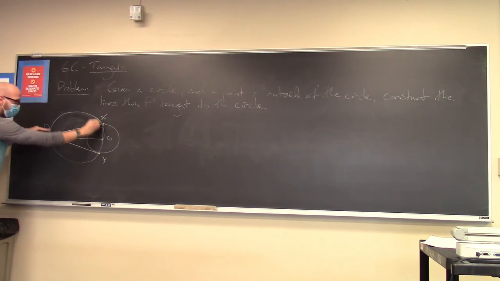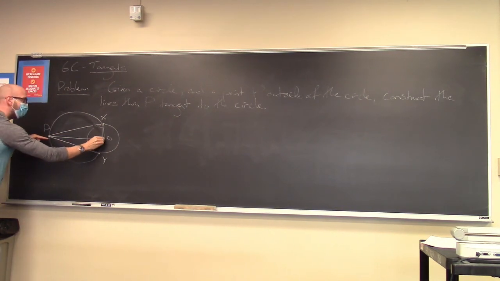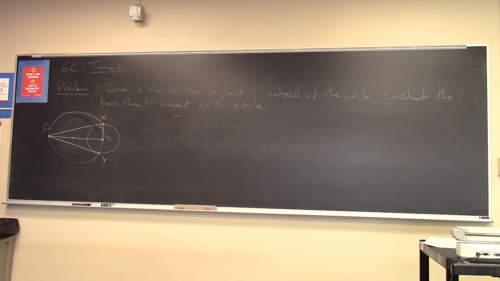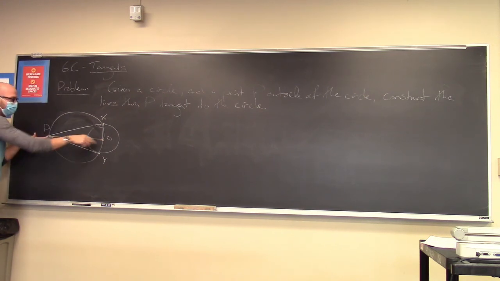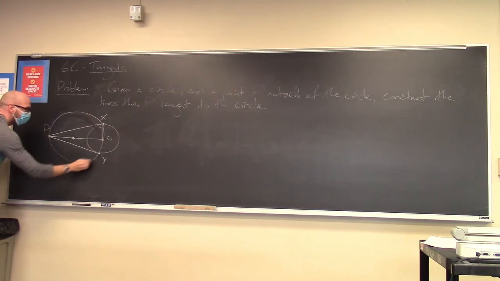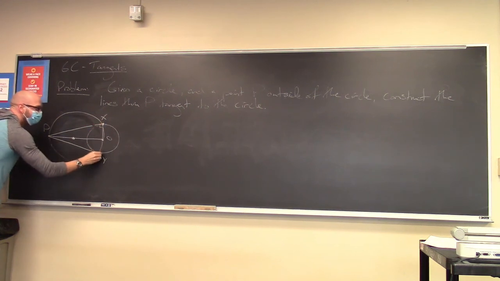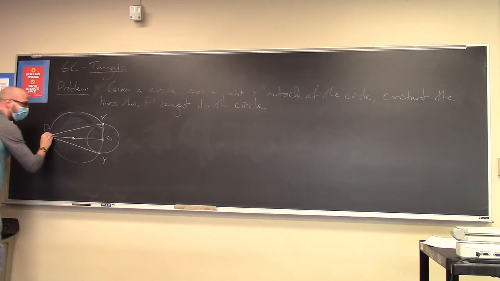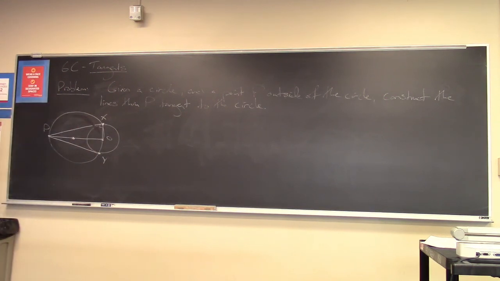Because this is the hypotenuse of a right triangle. So what I really want to do is get the midpoint of that line segment. If I can construct this line, P to O, get its midpoint, and then draw in this circle, that will give me these 2 points of intersection. And those 2 points of intersection can now allow us to construct the tangents.